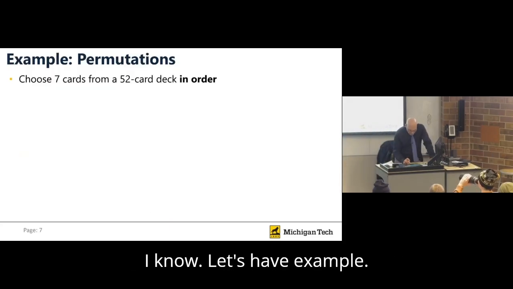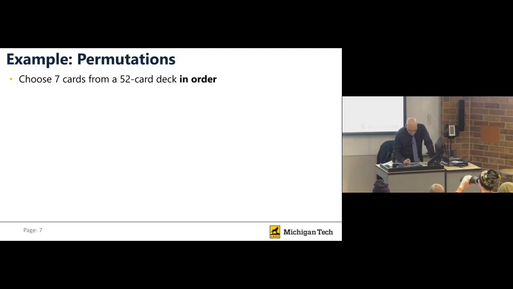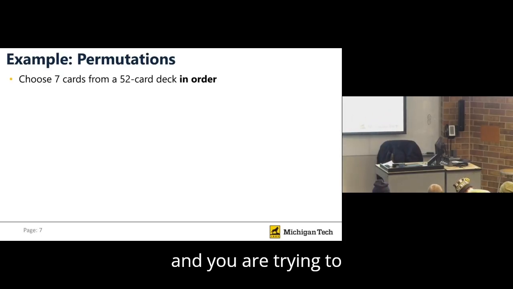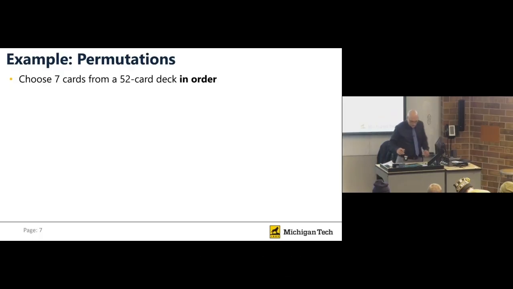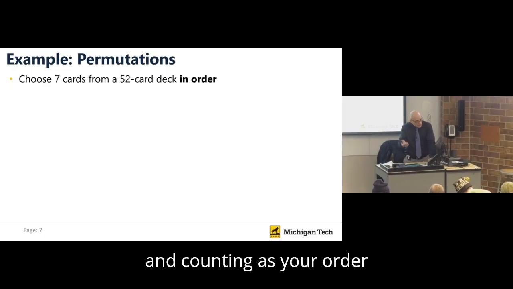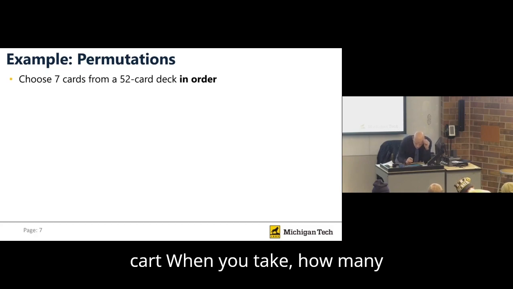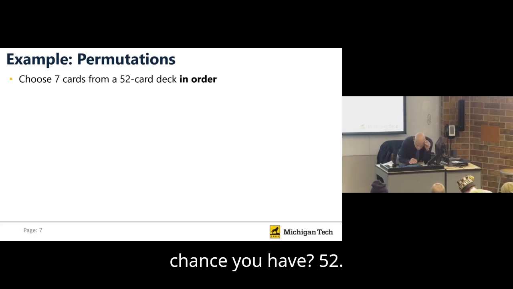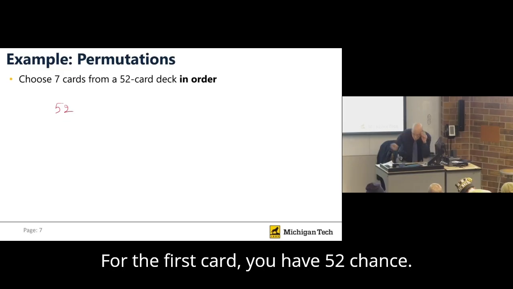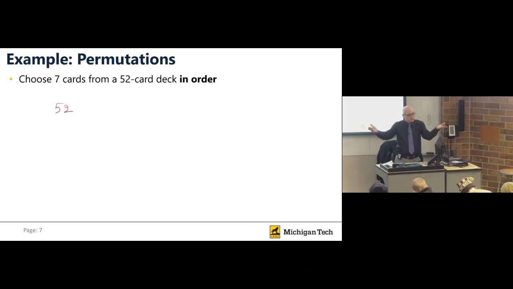Okay, let's have an example. You have 52 cards, and you are trying to choose 7 cards. And in counting, order actually matters. So for the first card, how many chances do you have? 52. Okay?